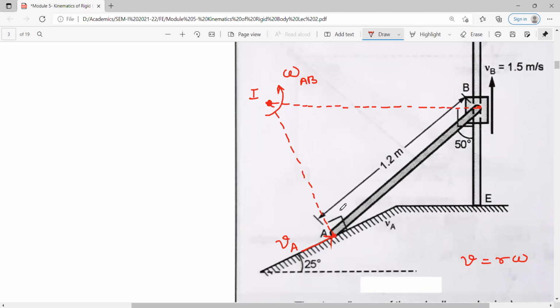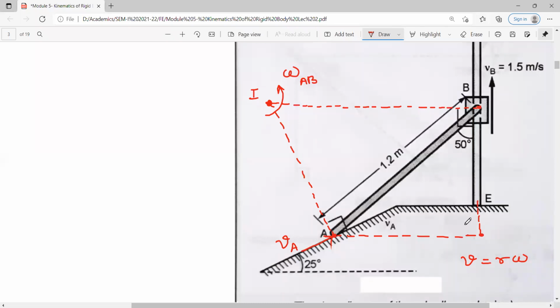To find those angles, I am doing a little construction here. I am drawing a horizontal line which is parallel to this one, and similarly I am drawing a vertical line here.